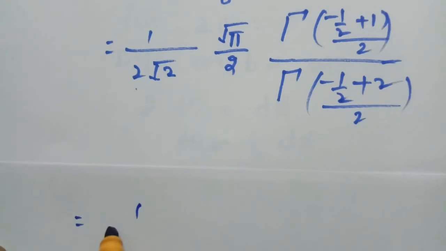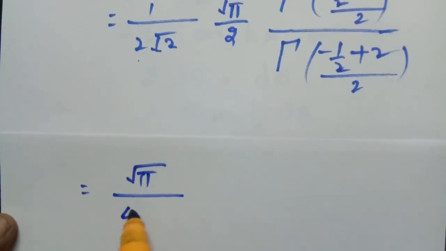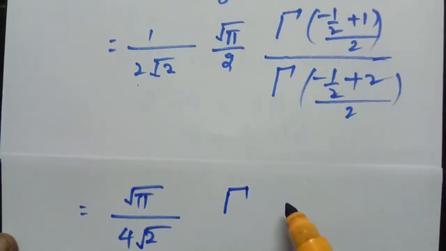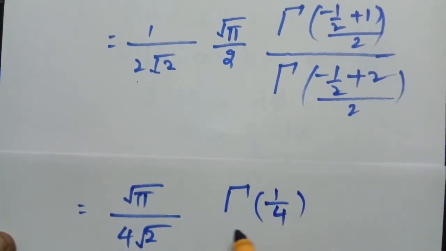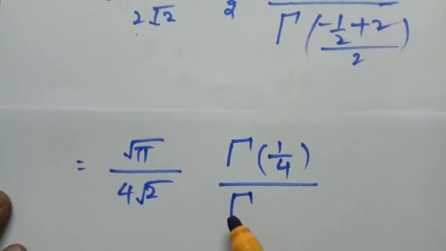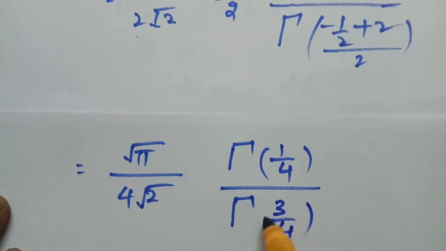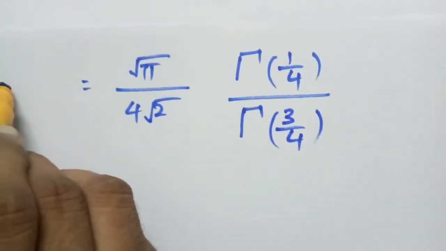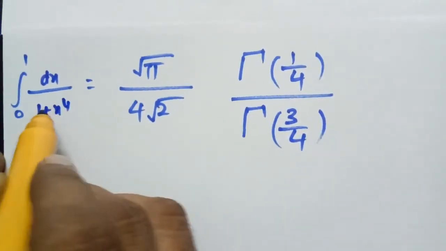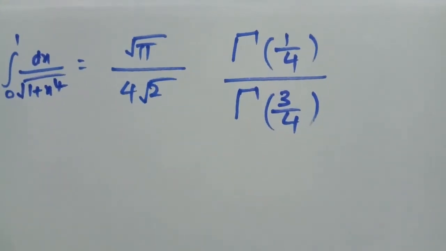This is equal to 1 by 2 root 2 into square root of pi by 2 into gamma of 1 by 4 by gamma of 3 by 4. This is our required answer for integral 0 to 1 dx by 1 plus x power 4.